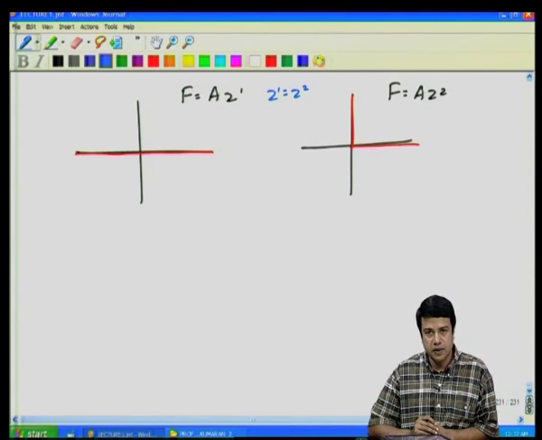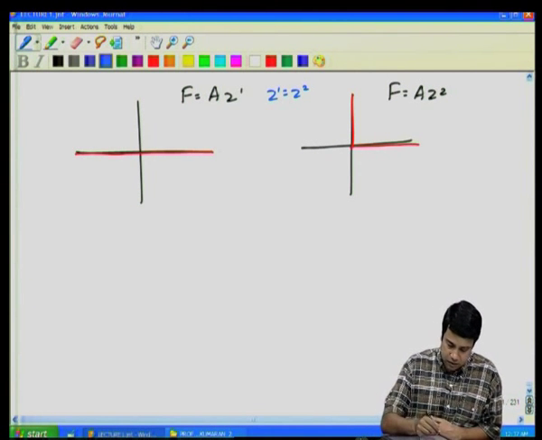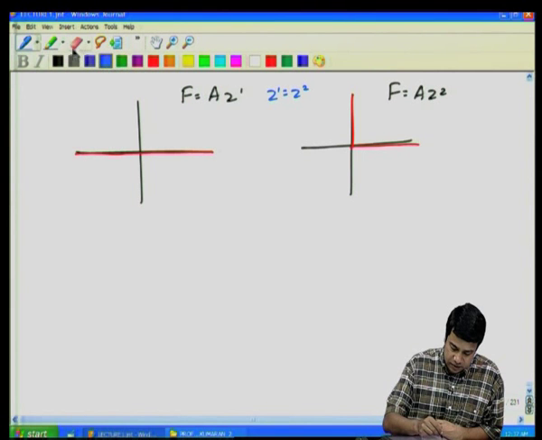It does not have to be just square, it can be any power of z.